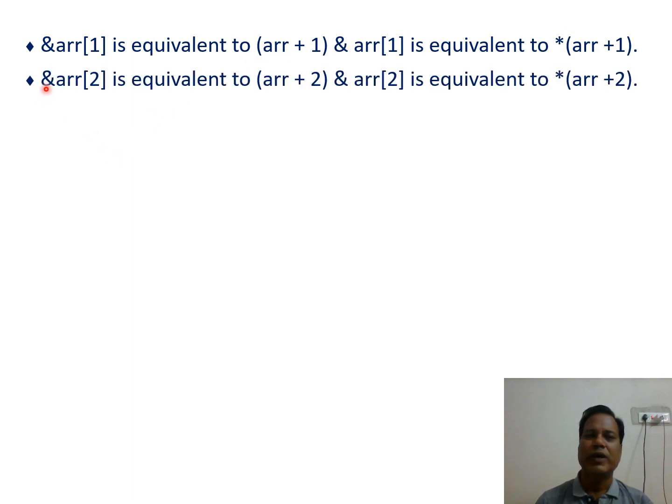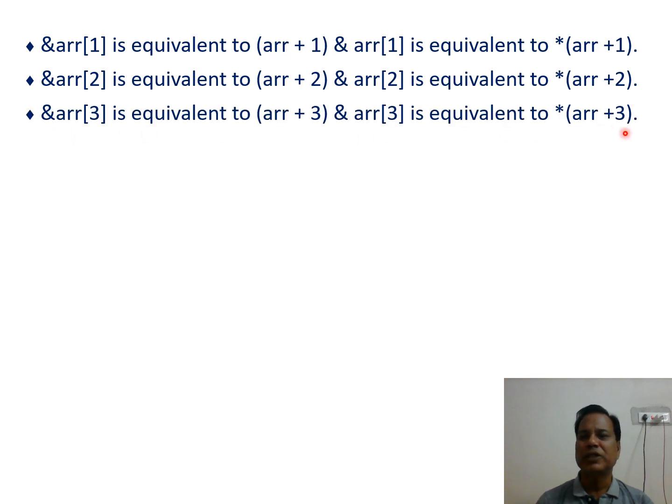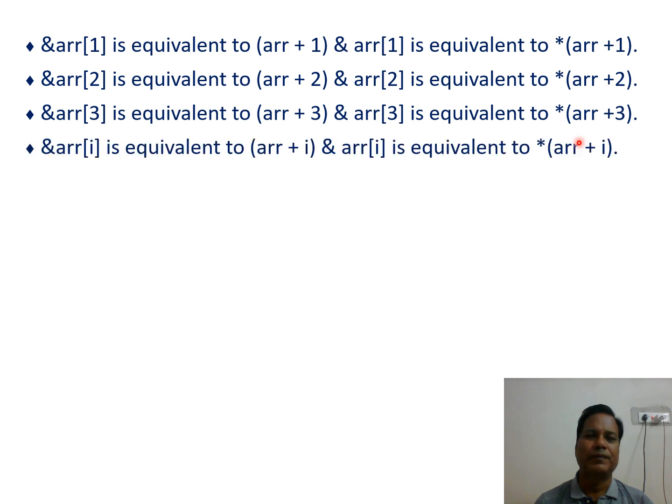In a similar way, &ar[2] is equivalent to ar+2, and ar[2] is equivalent to *(ar+2). What is the data in this memory location? So in this way, we can access elements either using the ampersand sign or using the name of the array as a pointer variable.